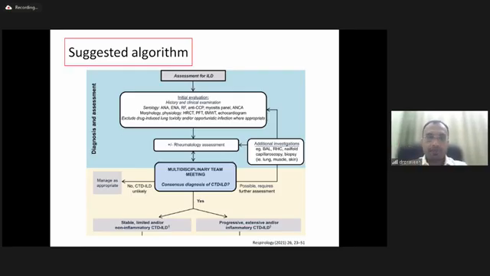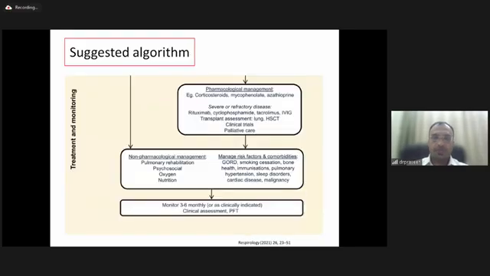Then followed by a multidisciplinary team, including the pulmonologist, the rheumatologist, and the radiologist, and then come to a consensus of a diagnosis of CTD-ILD. If not, then it has to be dealt with in that way. But if yes, we see whether the patient has a stable or a progressive connective tissue disease.